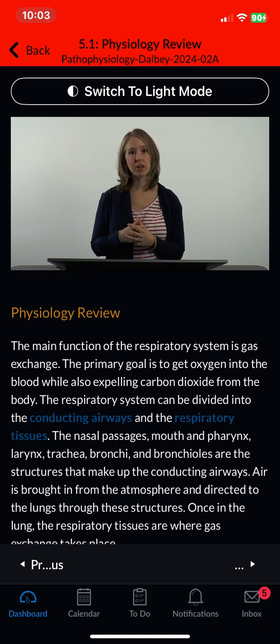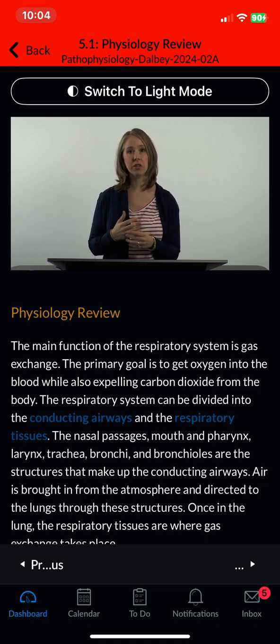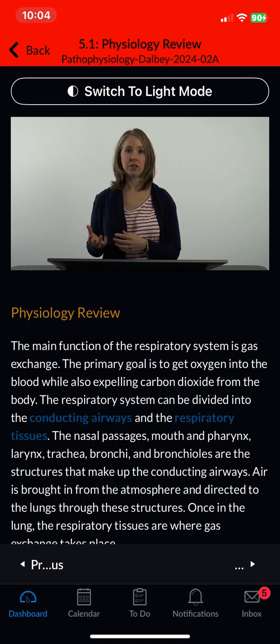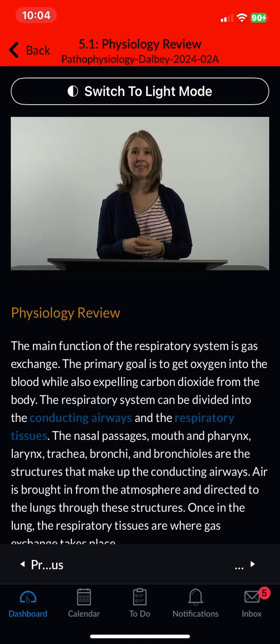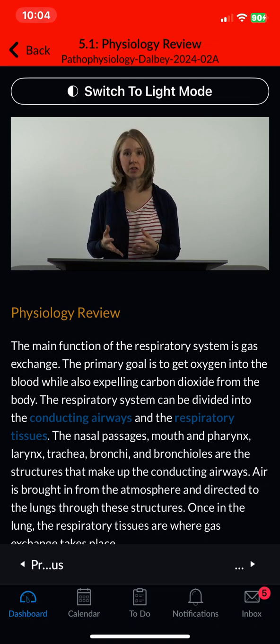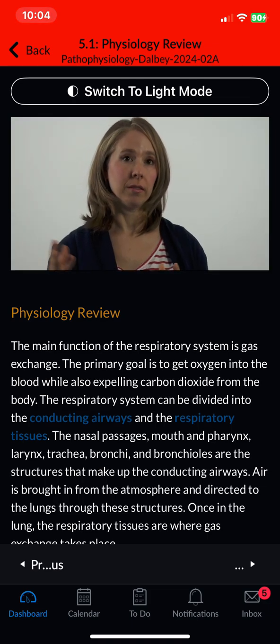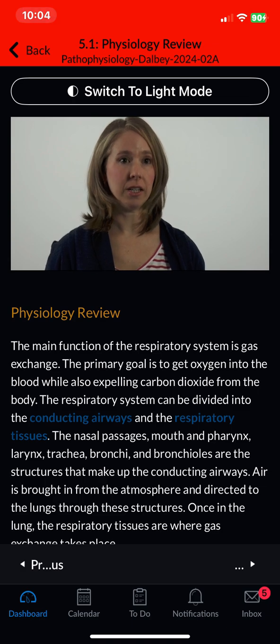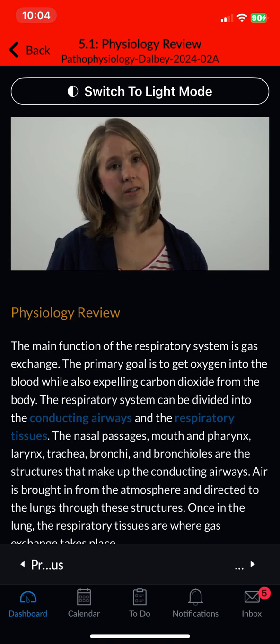After we look at those structures, we'll get into the physiology of looking at ventilation and our breathing mechanics. And then as we move on, we'll be taking a look at pathologies that have to do with things that affect our ventilation and our ability to have gas exchange.